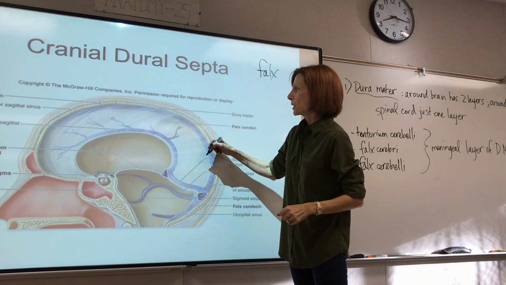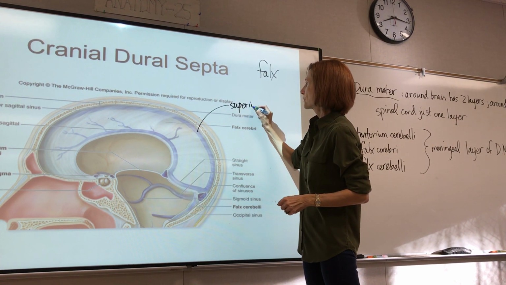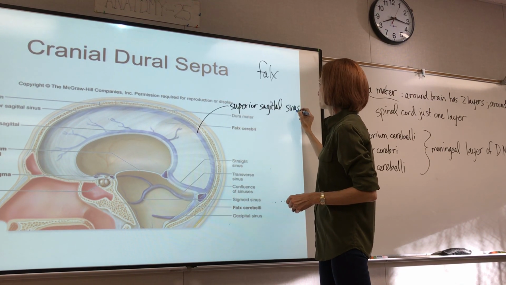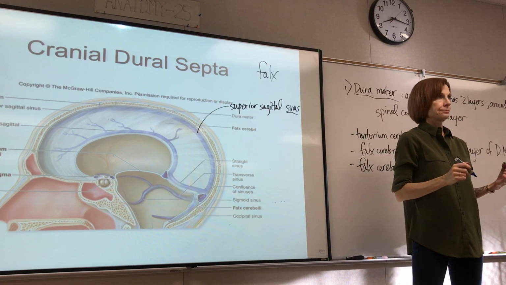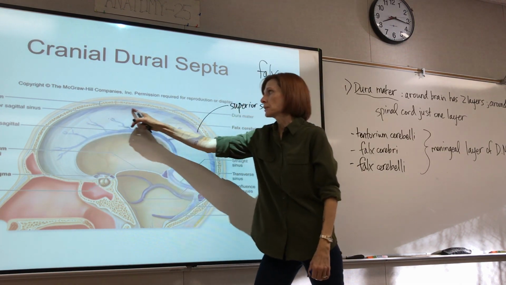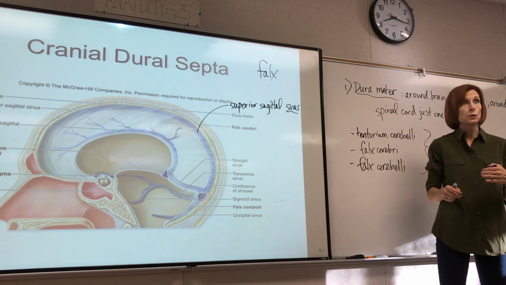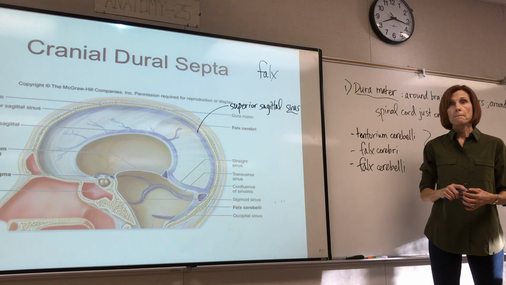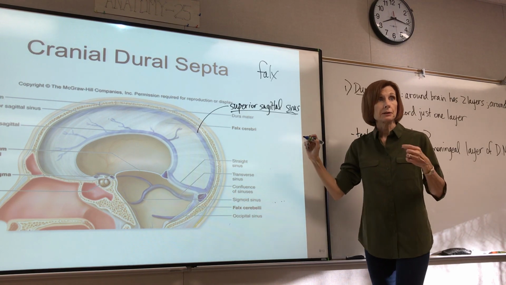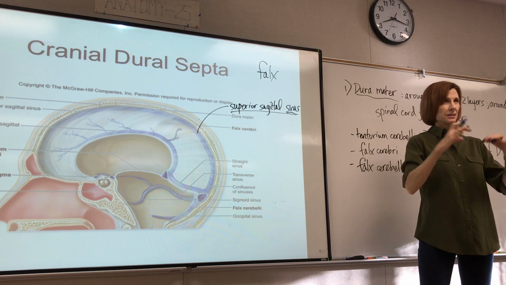So this space right here, between the layers of the dura mater, is called the superior sagittal sinus. Sinus just means it's a space. Superior sagittal sinus. I would like you to know that structure because we will see that this space is actually where cerebrospinal fluid will get reabsorbed back into the blood. So this space contains deoxygenated blood coming from the brain, but it also will be where CSF gets reabsorbed back into that blood.